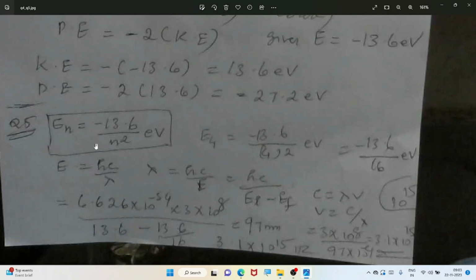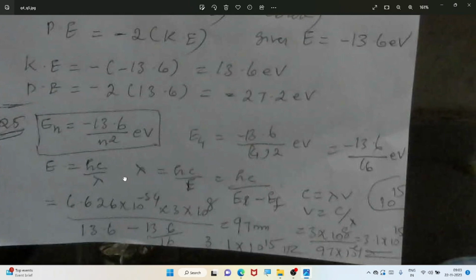So n equal to 1 is 13.6 electron volt. Okay, the lambda is from the difference in energy. The energy at a particular state, n equal to 4 means 4 square, 16. Okay, and I will show you the formula in the book.